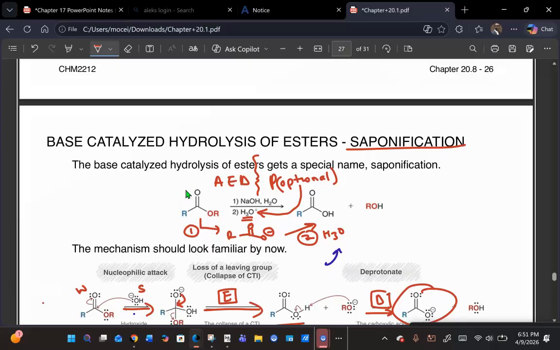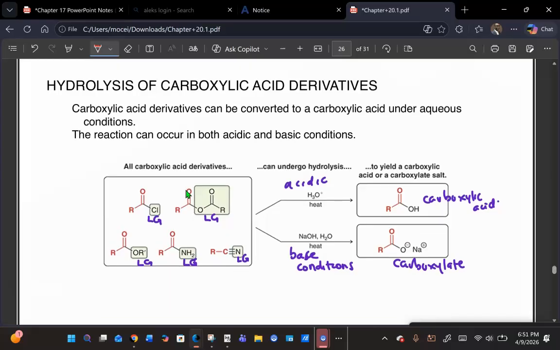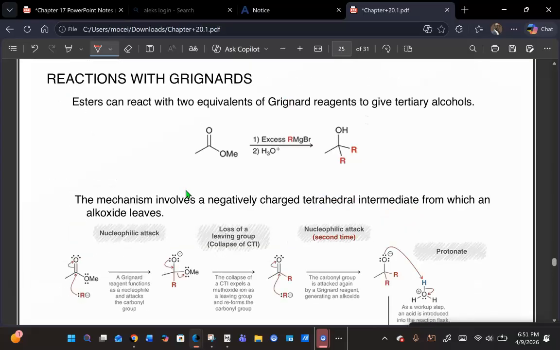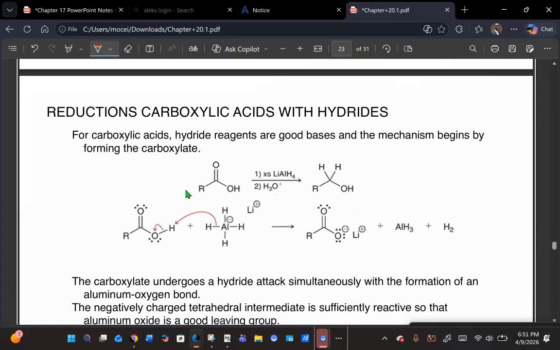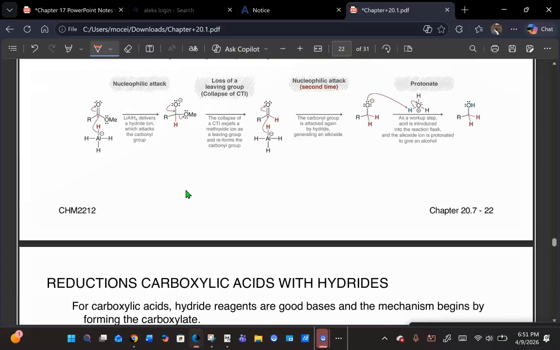Okay, I'm all good. I like this chapter a million times better than the aldehydes and ketones. The aldehydes and ketones chapter was wild. This one is relatable. I wanted to show you the esterification one.